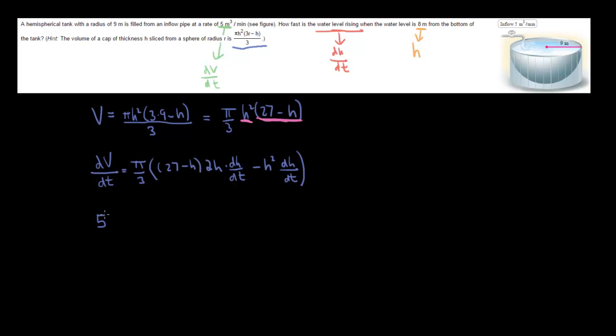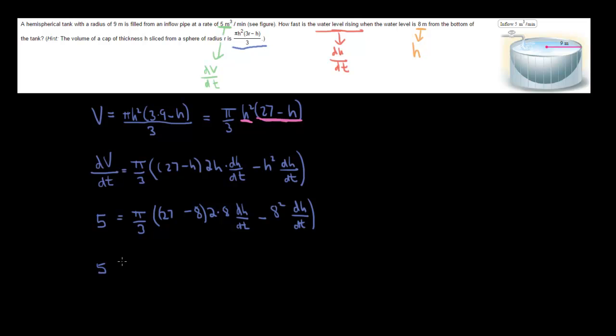So we can say that 5 equals pi over 3 times 27 minus h, which is 8, times 2 times h, which is 8, times dh dt, minus h squared, that's 8 squared, times dh dt.